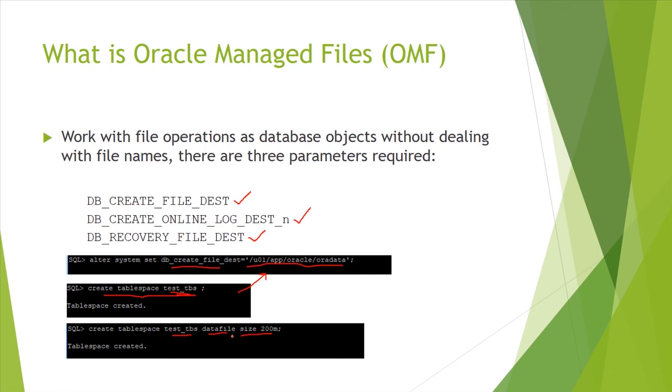Oracle Managed Files will automatically go to the location specified in db_create_file_dest and create a system generated file with size 200 megabytes. The same thing applies to the other parameters. The second parameter will be used for redo or log files. The last parameter is used for archive and backup files, which is the fast recovery area destination.